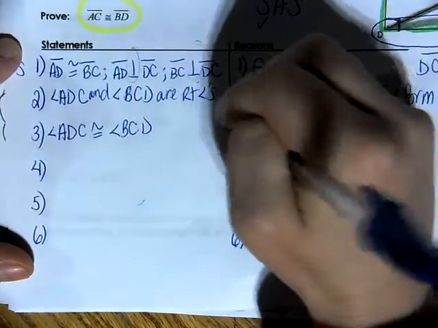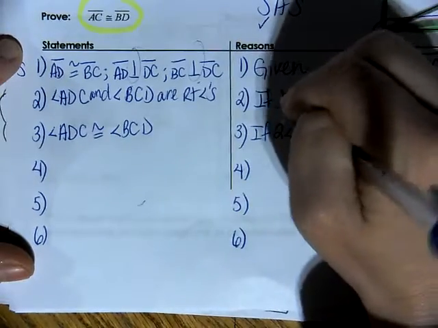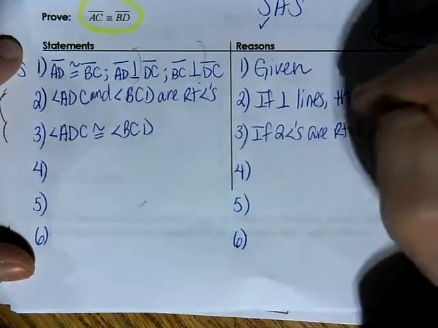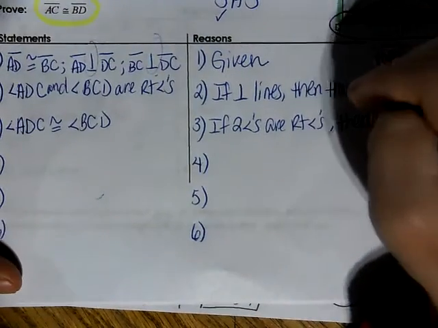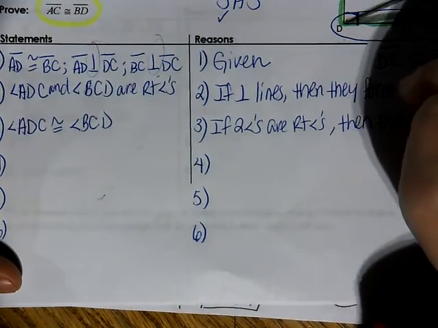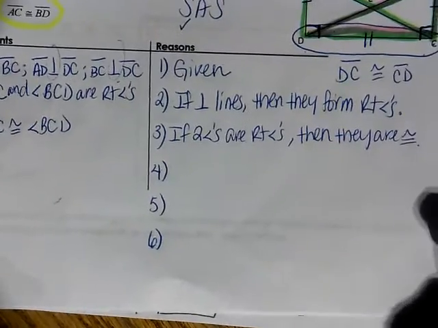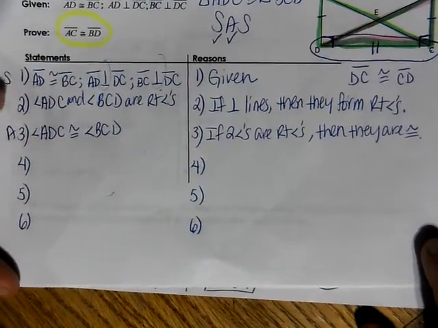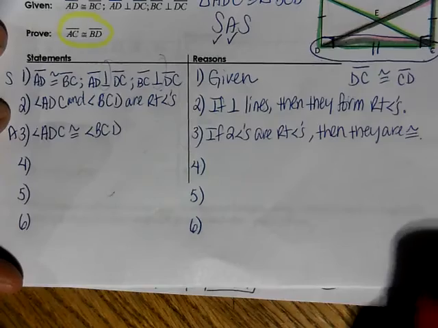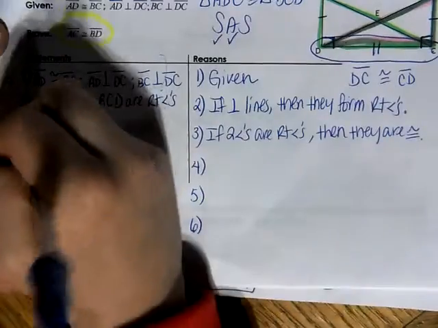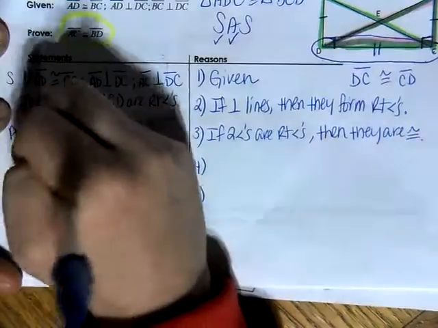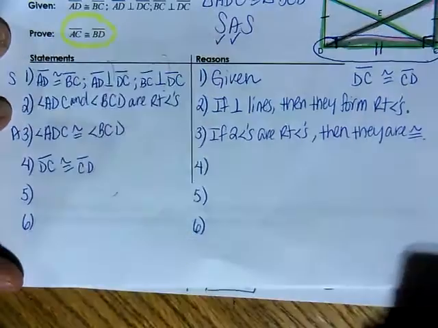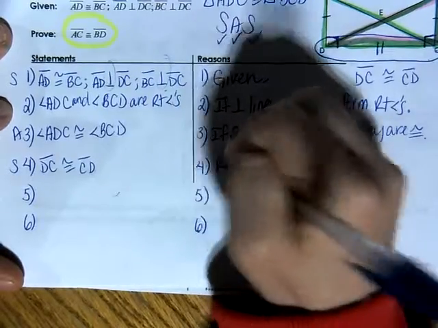And that's because if two angles are right angles, then they are congruent. And now I have an A. Next, we need to talk about our last side, and that's going to come from DC being congruent to CD. That's my last side, and that comes from the reflexive property of congruence.